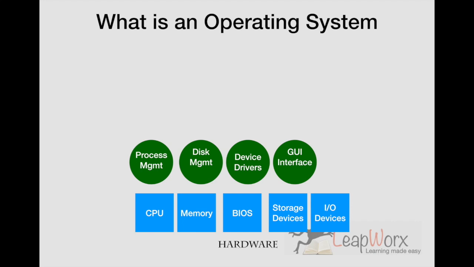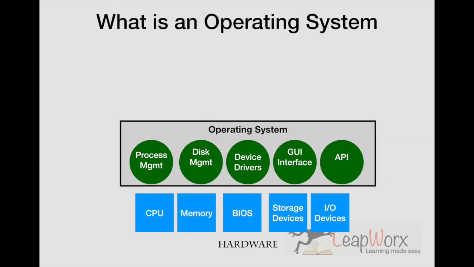There's also one piece of software called API, or Application Programmer's Interface, which is nothing but a bunch of software already written to handle anything in the hardware, right? All of these pieces of software that manage the hardware are called an operating system, okay?